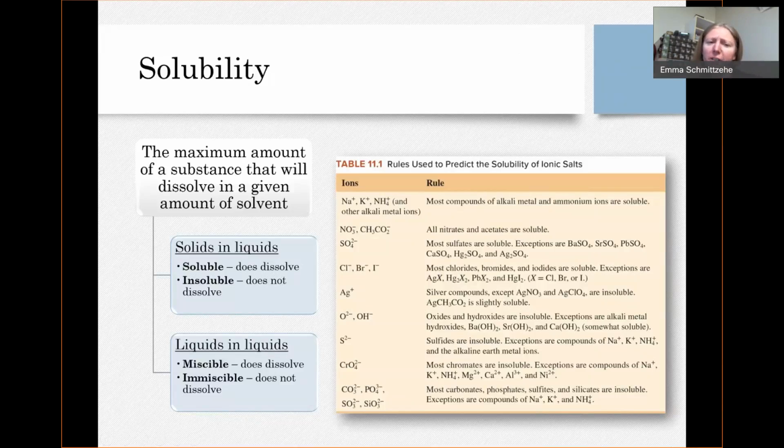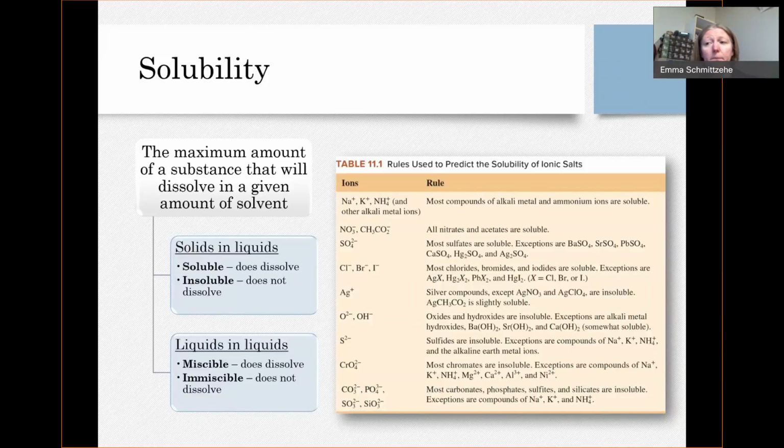Solubility, generally, if you're truly talking about solubility, you are given a numeric value, but the terminology given here, soluble, insoluble, miscible, immiscible, is more of a generic way to talk about solubility, because that's just a 50-50 saying it either dissolves or it doesn't.